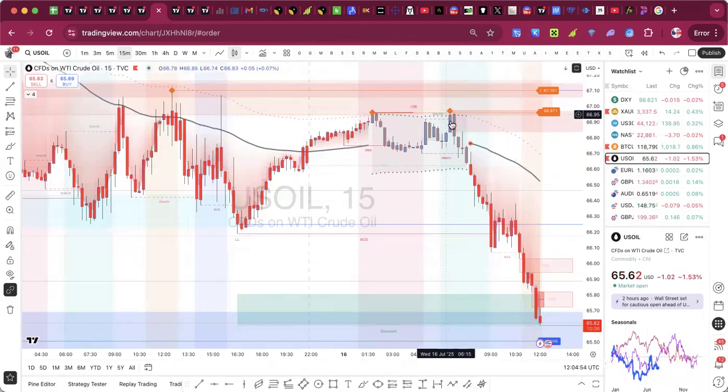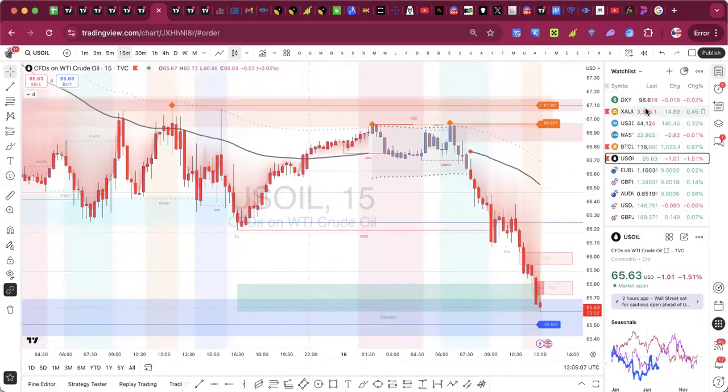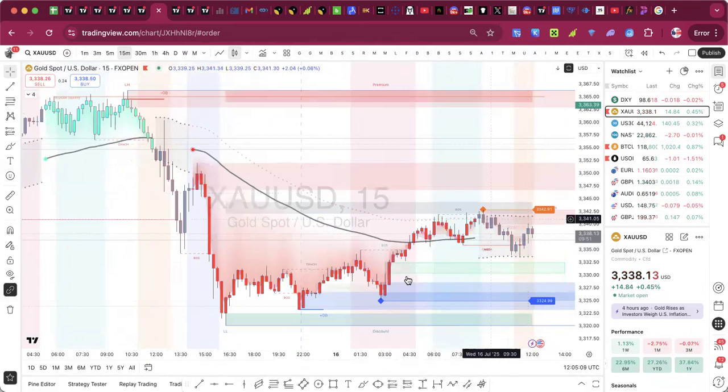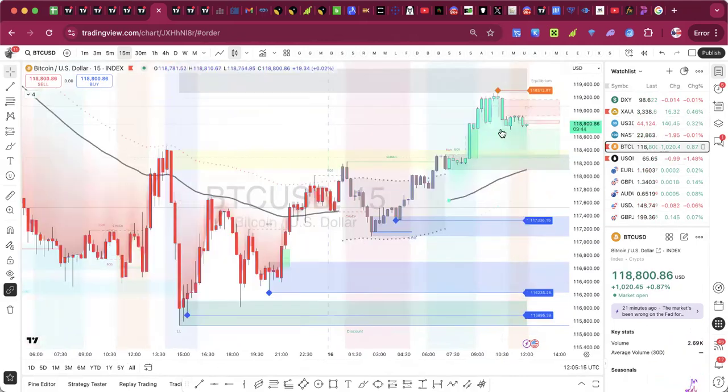Look at the sell straight down, like a double top. This is oil. Come on, this is massive. The gold, a sell, a buy, a sell. Okay, no buy yet.